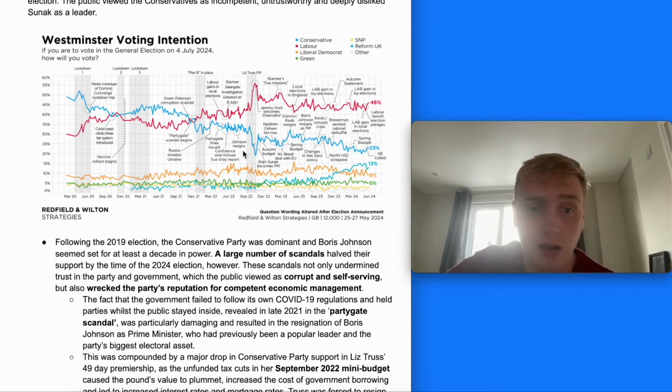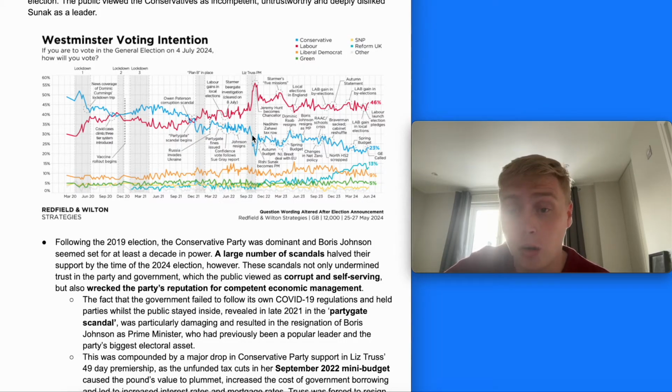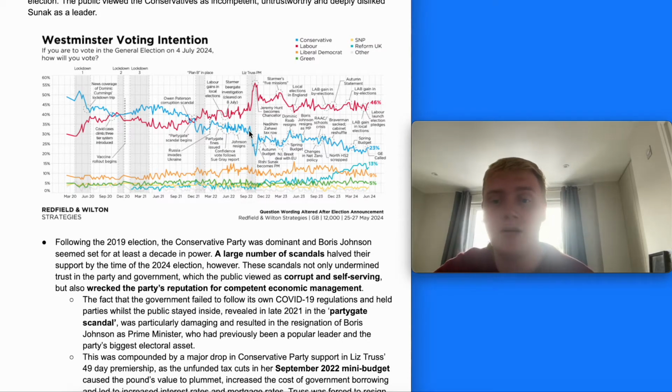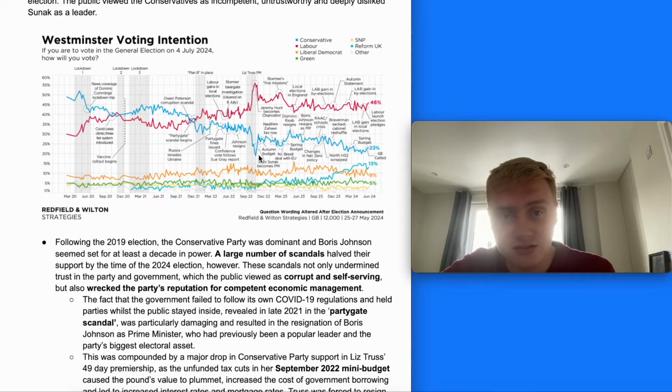What if you look a bit closer? Partygate, where does the Partygate scandal begin? So you see a significant drop off from when that was announced, and crucially, Liz Truss becomes leader, and her mini budget, which effectively crashed the economy and increased mortgage rates in particular, was really bad for the Tories. You see a massive drop off in their popularity.